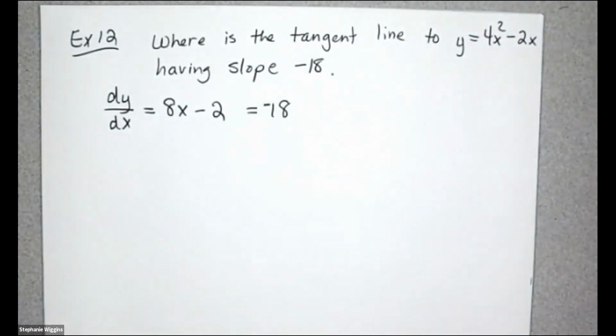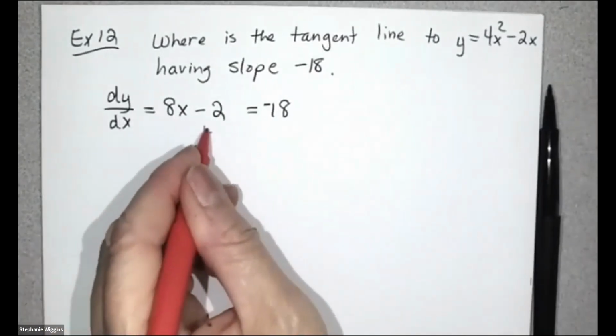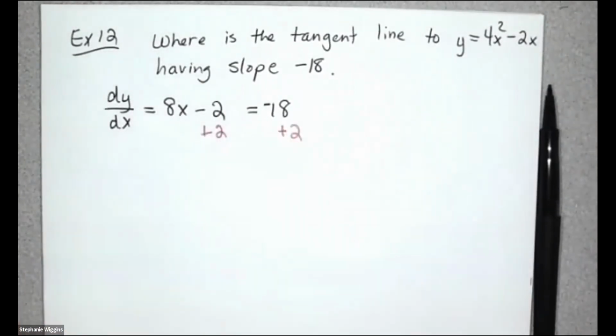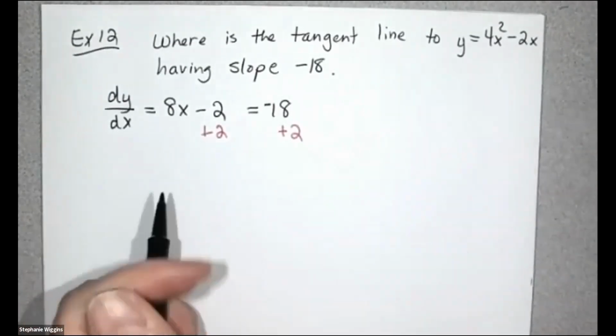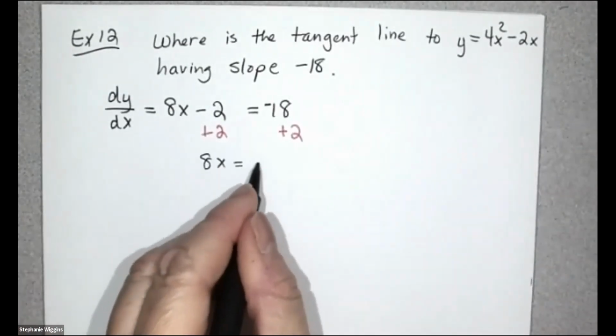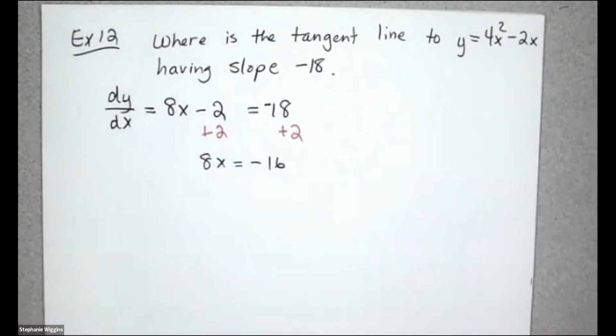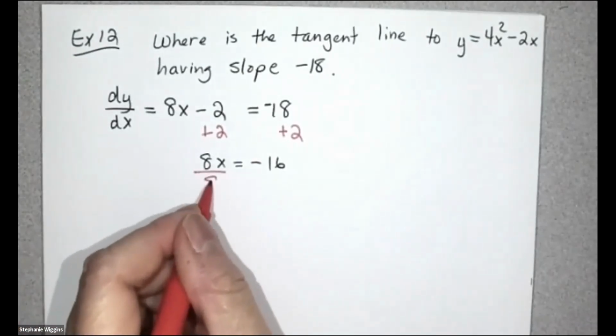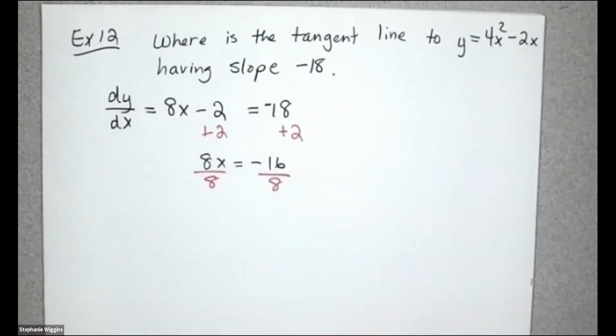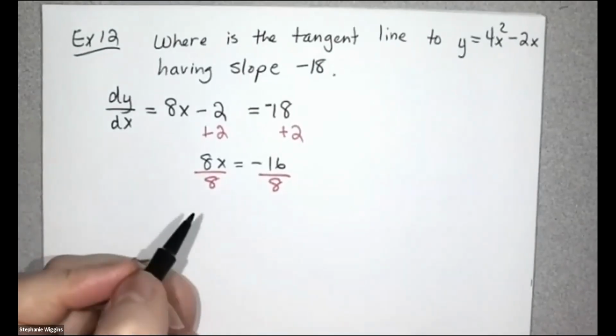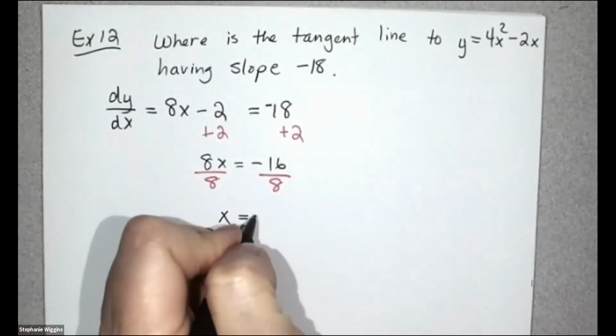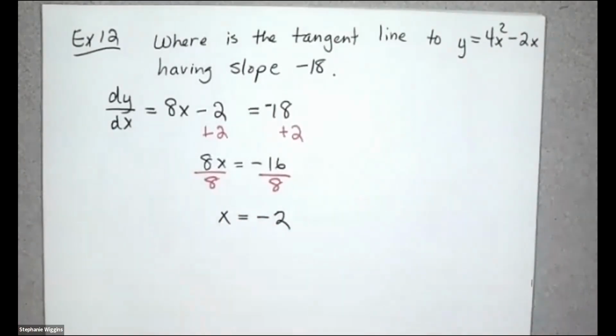So solving this equation, we are going to add 2 to both sides. And so we get 8x equals negative 16. Then we're going to divide by 8, and we get x equals negative 2.